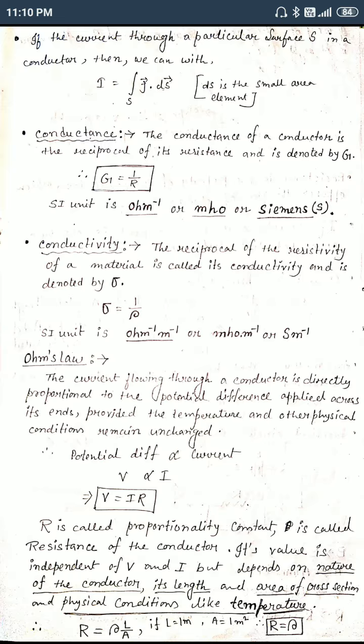Resistivity is an intrinsic property of a material and resistance is an extrinsic property of a conductor. Another difference is the unit: ohm meter and ohm.